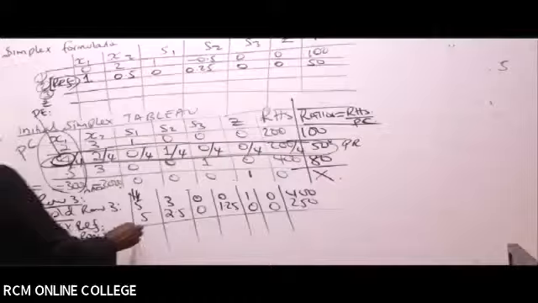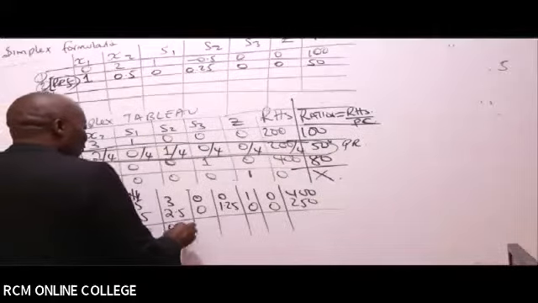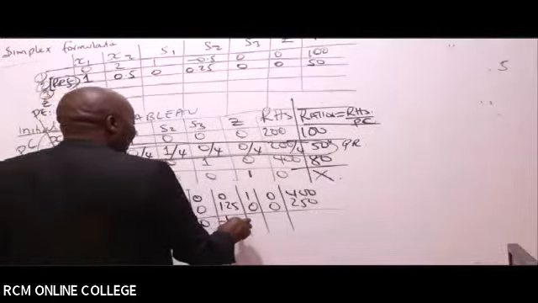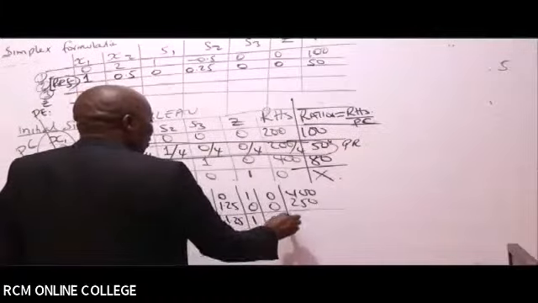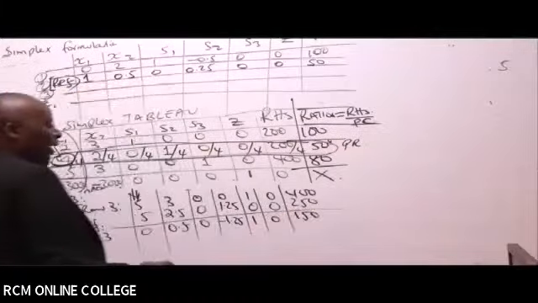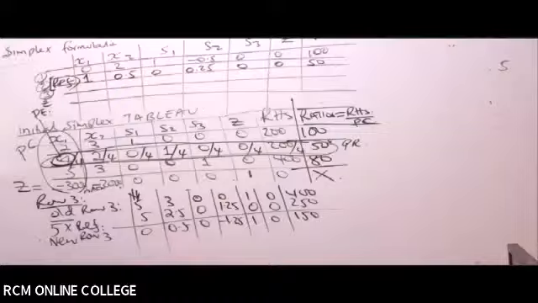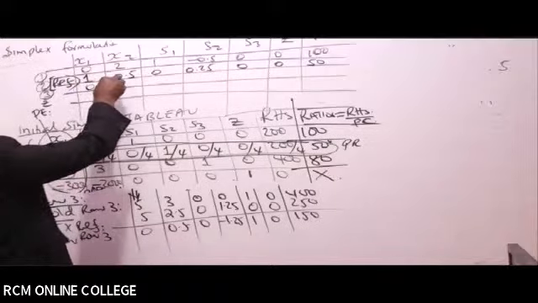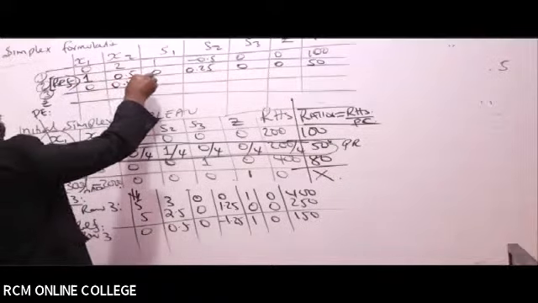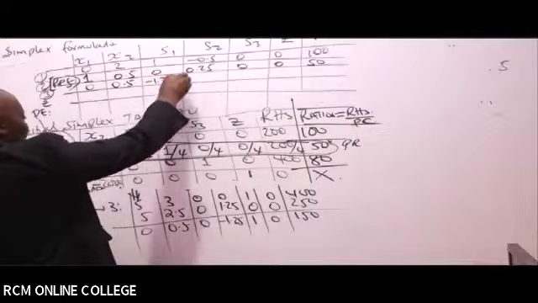So new row 3, I have a 0, I have a 0.5, and when I subtract I have a negative 1.25, then 1, 0, and 150. So here we have new row 3: this is 0, 0.5, minus 1.25.